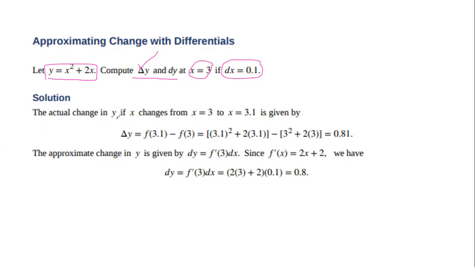The actual change in y if x changes from 3 to 3.1, because the actual value of x is 3, and the change in x is 0.1. With 3 plus 0.1, the new value will be 3.1.